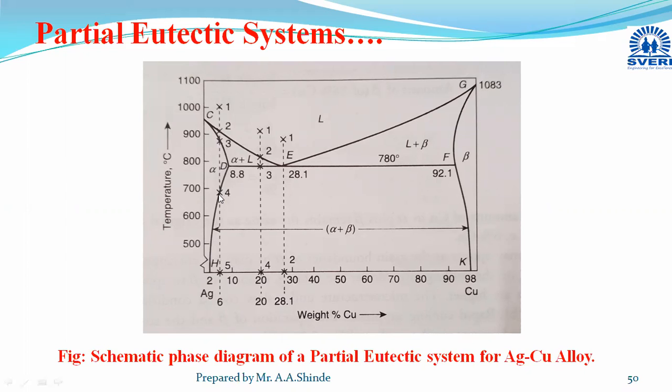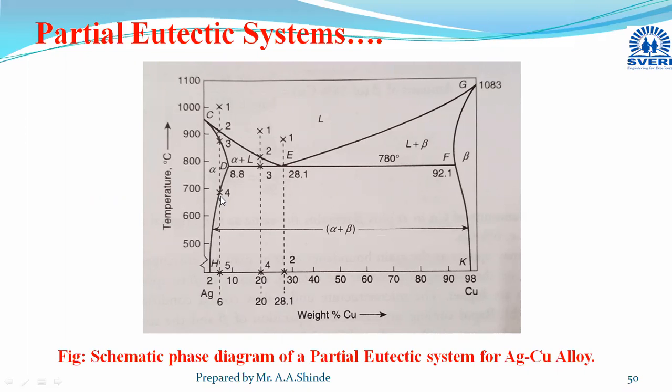And after point 4, from that alpha solid solution, when temperature falls below this point 4, the second element will separate out in the form of beta solid solution, and they will form a mixture of alpha and beta.